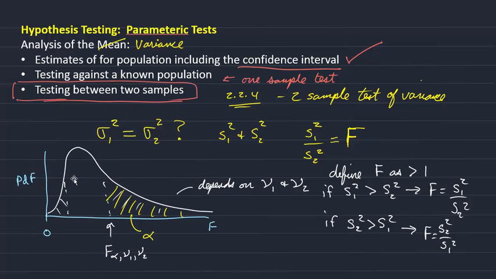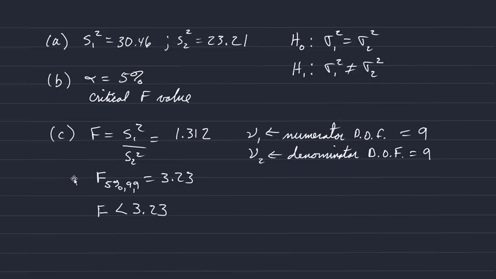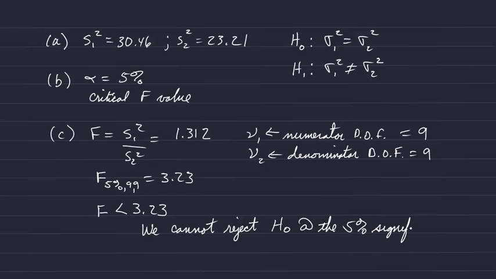So we are left to conclude that we cannot reject the null hypothesis. Okay, and there's how you do a two-sample test of variance.